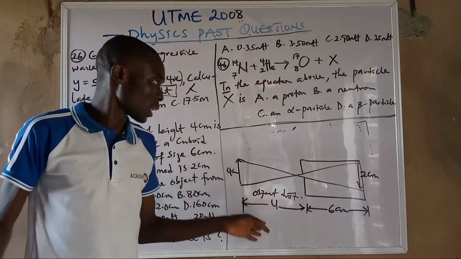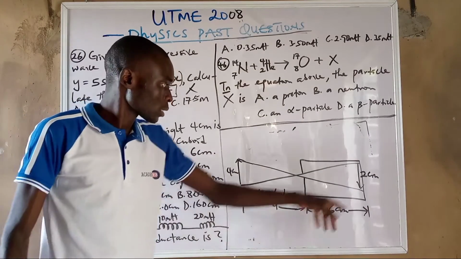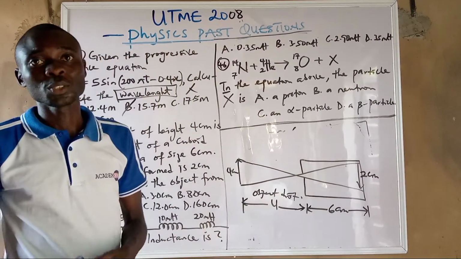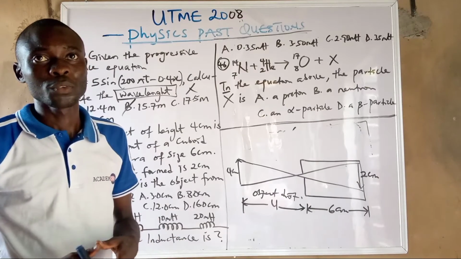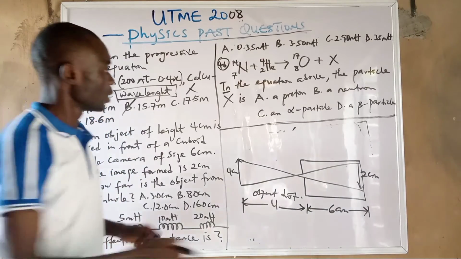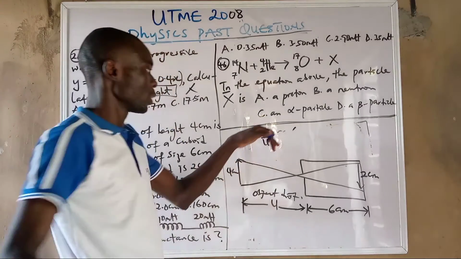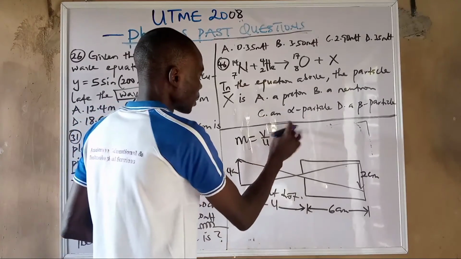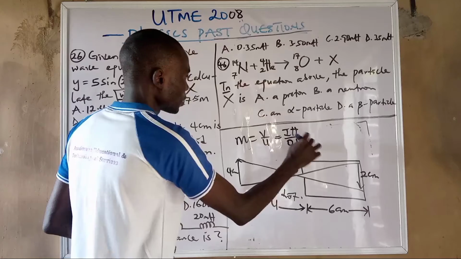So what formula can easily join object height, object distance, image distance, and image height together? That is talking about magnification. Try to remember that the formula for magnification is m equals v over u, which is image distance over object distance, which is the same thing as image height over object height.